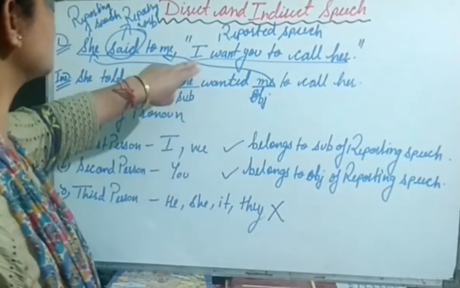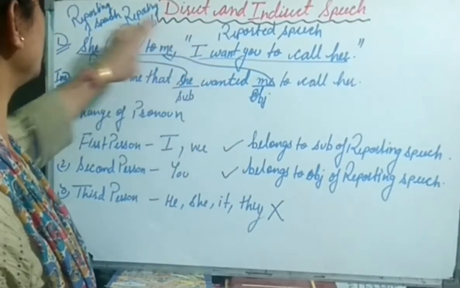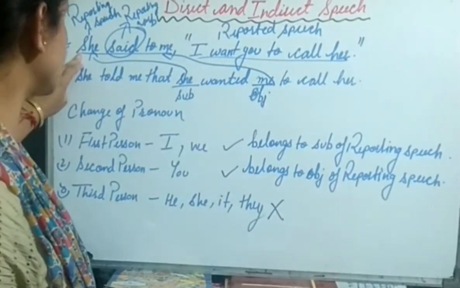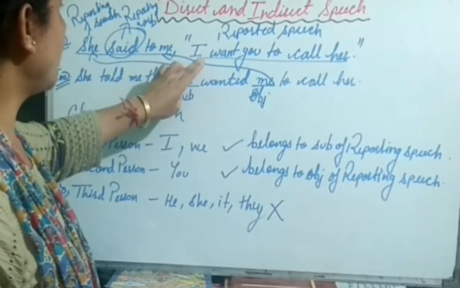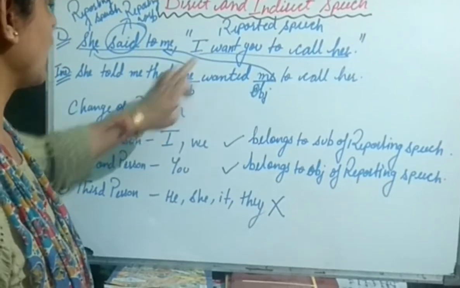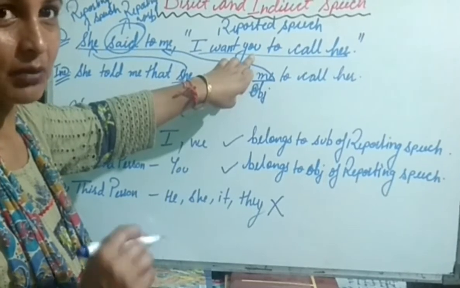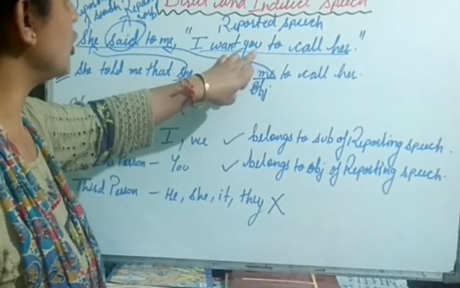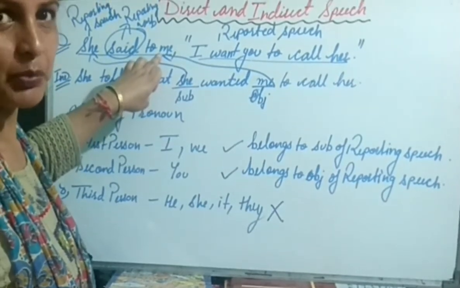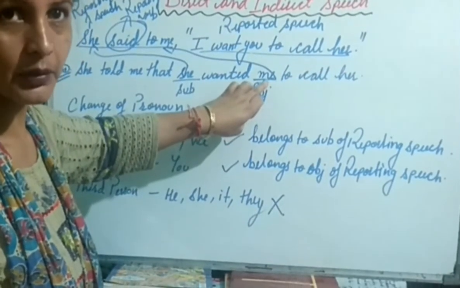Now you can see this first person pronoun I belongs to the subject of the reporting speech. That's why we have changed this I into she. And second is you, the second person pronoun. This belongs to the object of the reporting speech. That's why this you we have changed here into me.